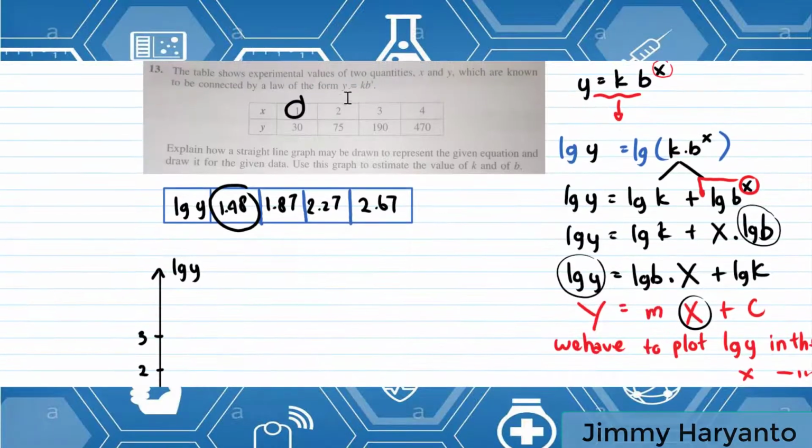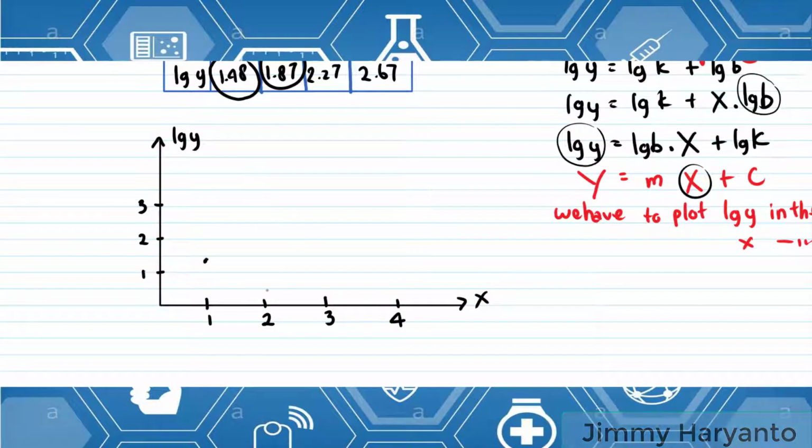And then the second point is 2,1.87. 2,1.87 is right here. And then 3,2.27 is right here. And then 4,2.67 right there. And then I will have a straight line.